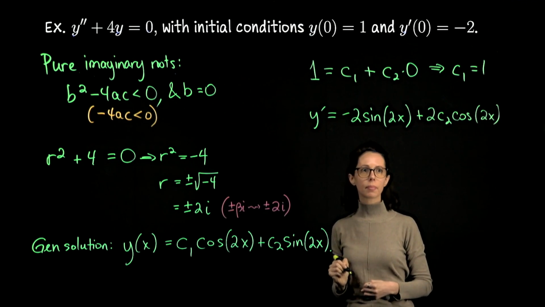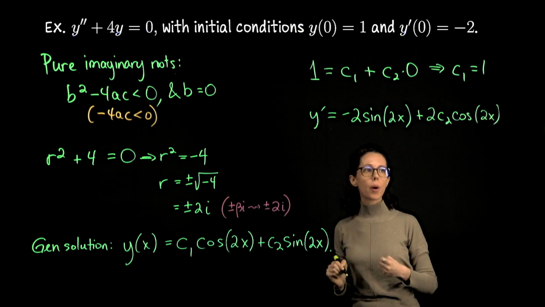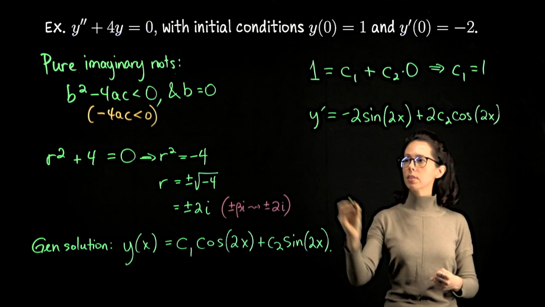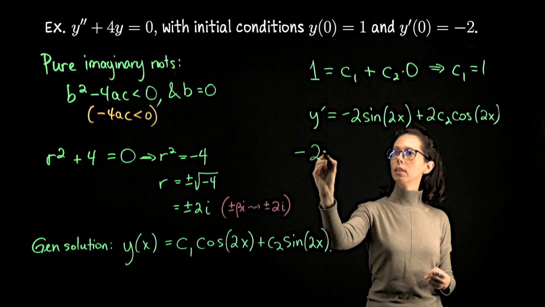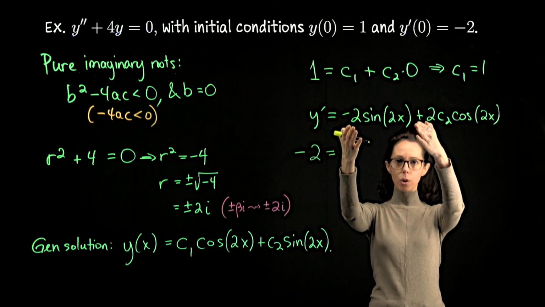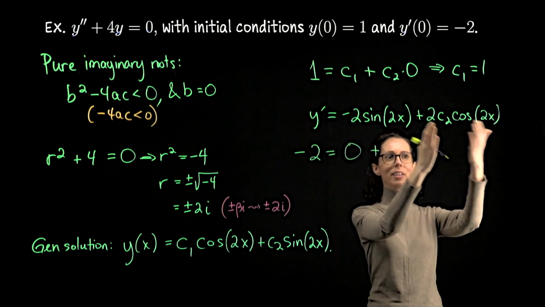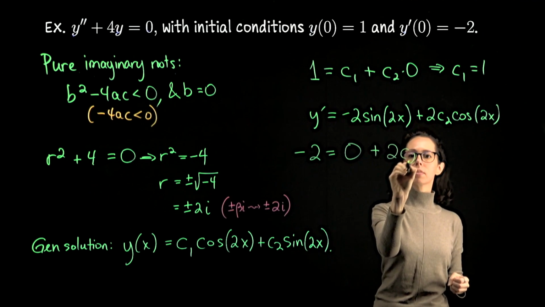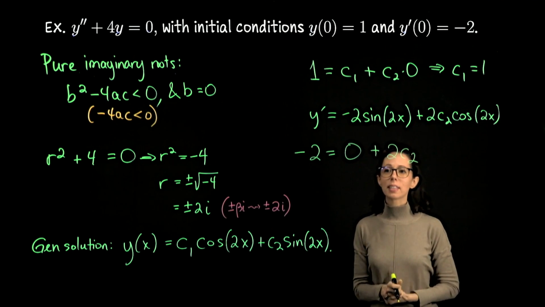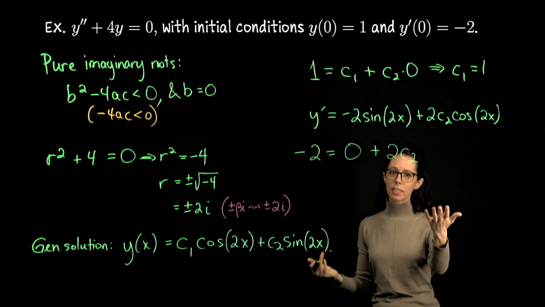Okay. Plug in x equals 0 on the right, -2 on the left, and we have -2 equals sine of 0 once again is 0. Cosine of 0 is 1, so this is 2 C2. So this was a pretty nice system to solve. We can look at this and say C2 is -1.